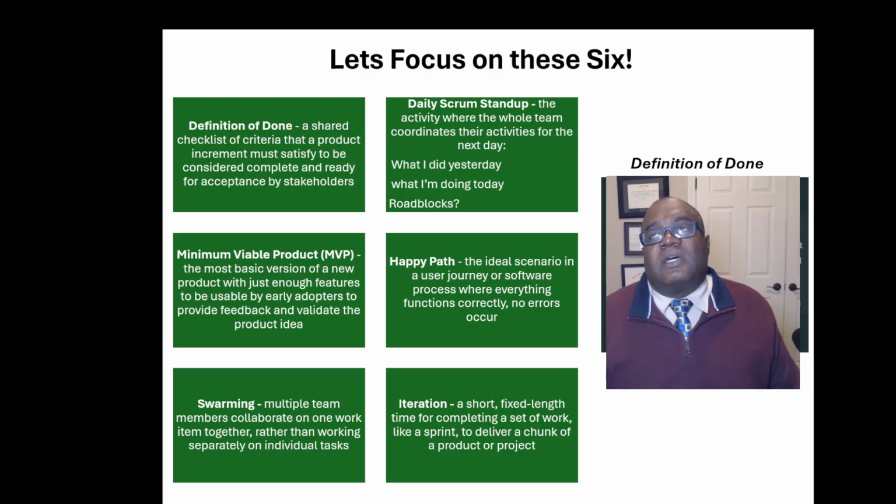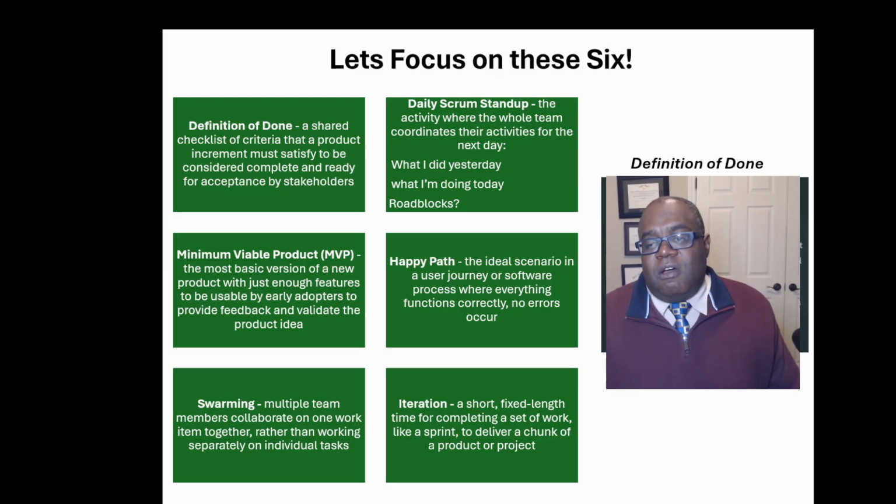Again, as an Agile product owner or Scrum Master, you want to deliver as much value as possible and keep adding more and more value until your time and resources are expended. However, the minimum viable product is good to know because in some cases you do just need to make sure you complete the minimum viable product in the time frame, and then you can use a subsequent project to have more. Happy path. Again, I've been using these.